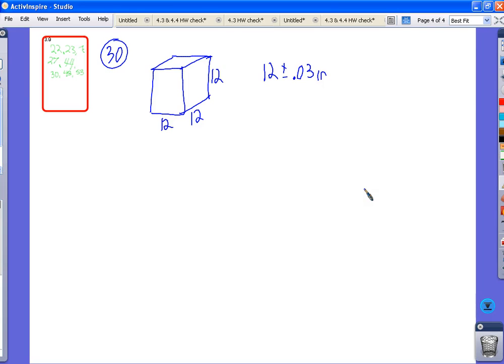Okay. So for part A, which would be the propagated error of the volume of the box, first we have to have a volume function. It's a function of the measure of the side. What's that function look like? S cubed.